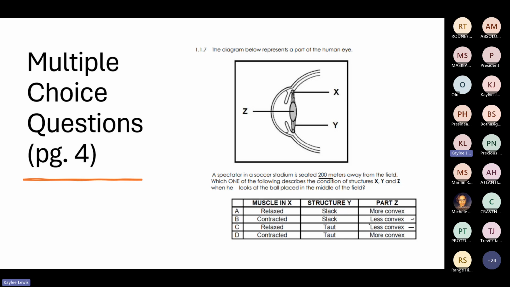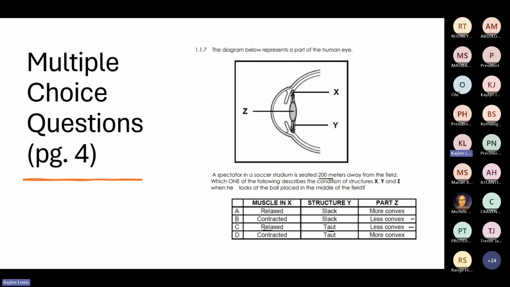Now, how do I let it become less convex? Well, here, my ciliary muscles become relaxed and my suspensory ligaments become taut, which means that they tighten. So I always picture that my lens, the suspensory ligaments, as it tightens, it pulls it upwards and pulls it downwards.